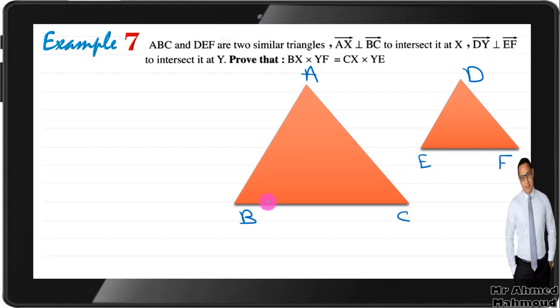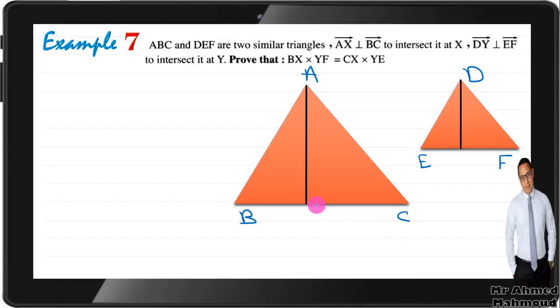Now AX is perpendicular to BC, so I'm going to draw a perpendicular from A to BC, and DY perpendicular to EF, I'm going to draw from D perpendicular to EF like this. This is AX and this is DY. Angle X is right, angle Y also is right.